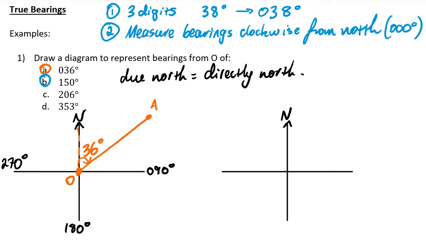B is a bearing of 150 degrees. So again, we're going to start at the origin. We're going to face north, and this time we're going to measure out an angle of 150 degrees. 150 degrees would be in that quadrant.